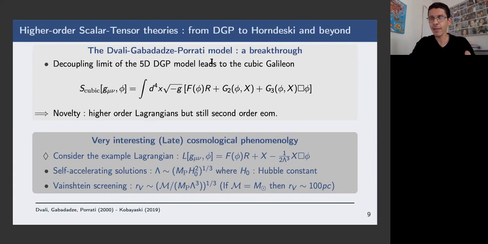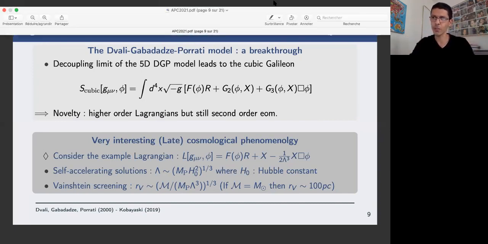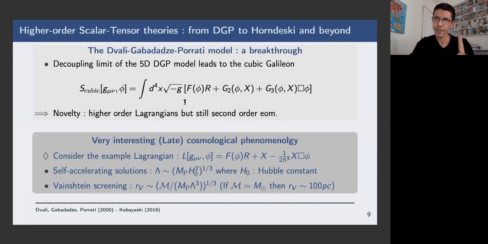So this seems to be very few modifications, but it has a lot of very interesting consequences. And this DGP model was in fact really the cornerstone of the new way of seeing and studying scalar-tensor theories in the cosmology community. But there is one thing: even though you have higher order derivative terms of phi in the action, you still have second order equations of motion in this kind of series.